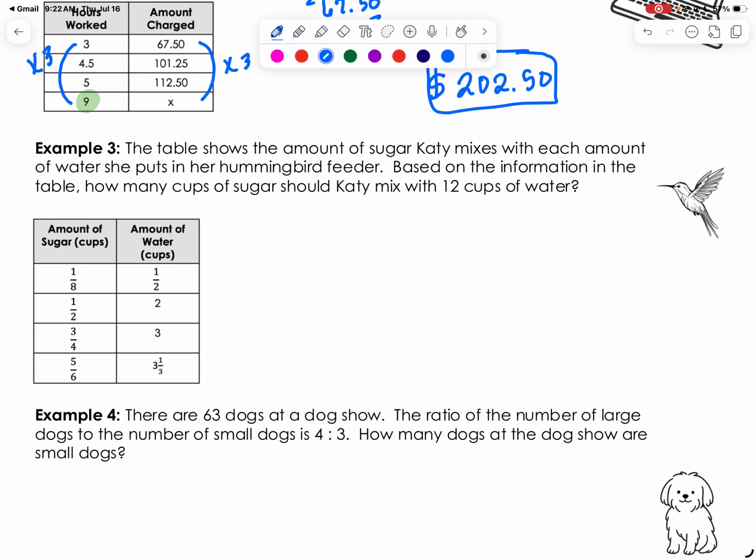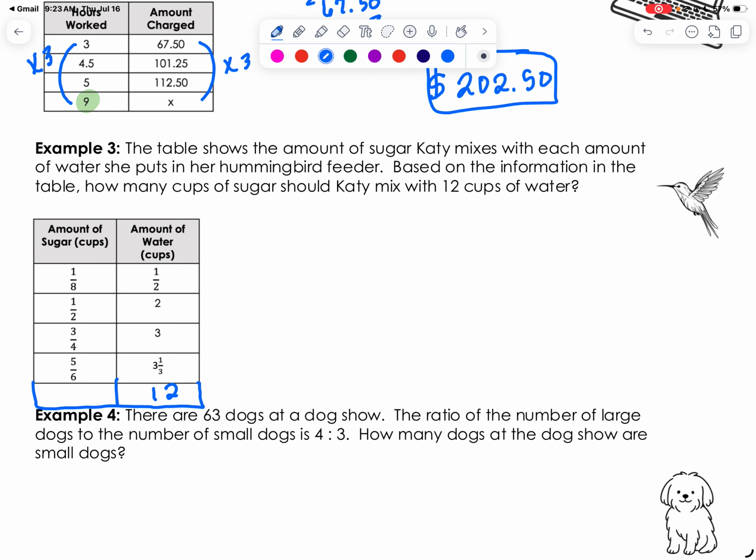So in this table, they did not put the 12 in, but I can add it. Since it's water, I want to put it on the right side, and I can make another entry here in my table. And I can use scaling to find the missing amount of sugar. How much sugar does she need if she uses 12 cups of water?